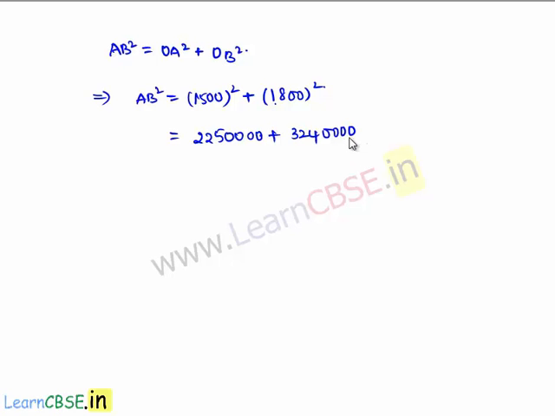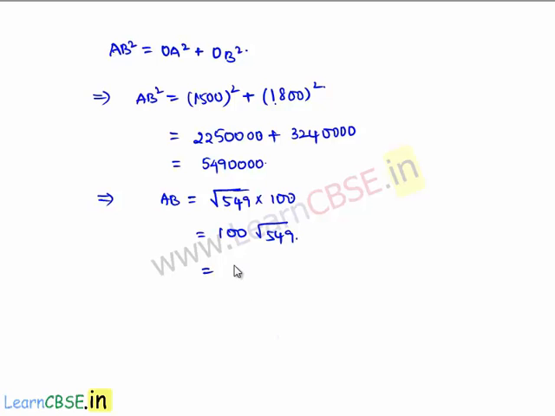32 lakh 40,000. So overall we get 54 lakh 90,000. Now finding the value of AB, we get root of 549 into 100. So that is nothing but 100 root 549.